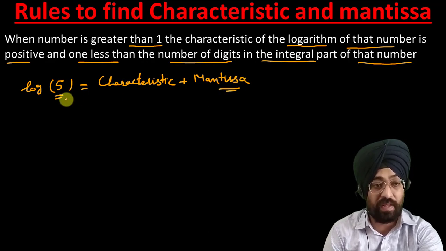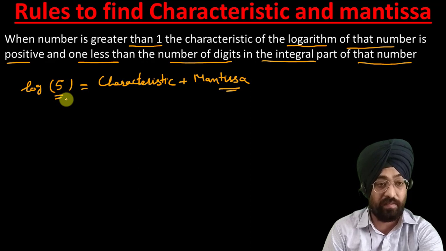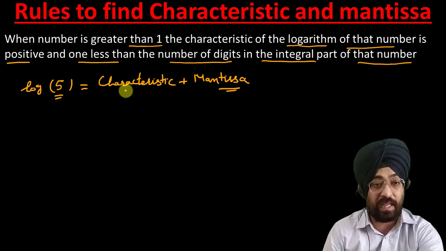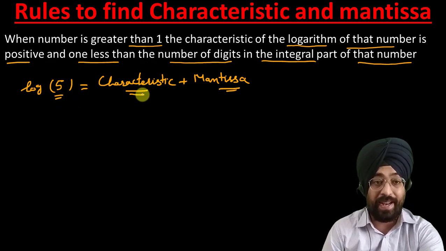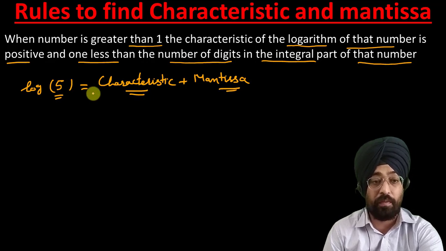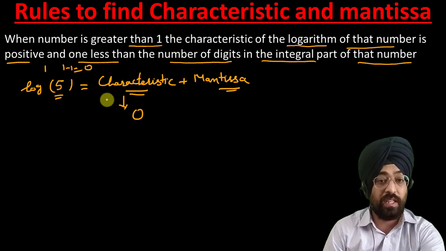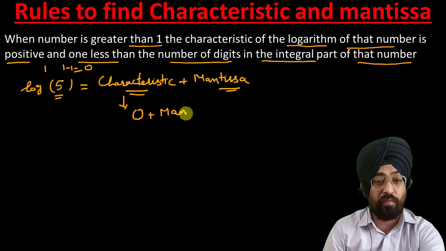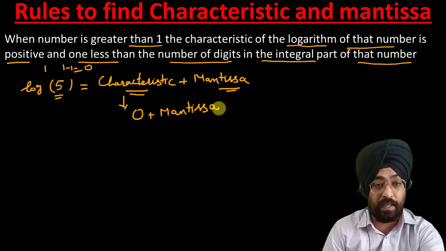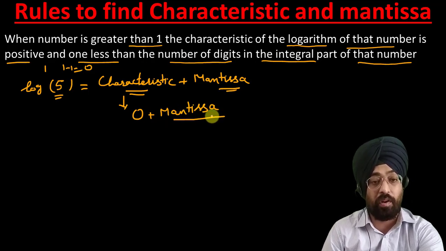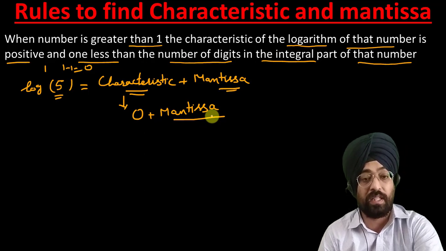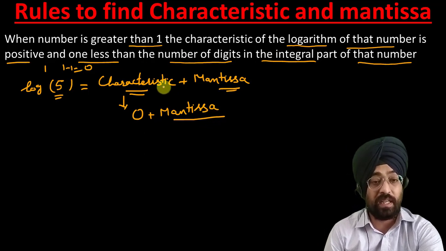This rule says that if the number whose log we have to find is greater than 1, and 5 is greater than 1, then its characteristic will be positive, and it will be 1 less than the number of digits. The number of digits in 5 is 1. 1 less than 1 is 1 minus 1, which is 0. So its characteristic is 0, and its log will be 0 plus mantissa. How to find the mantissa, we will discuss later. It is generally found with the help of a log table, and I will also teach you how to read that table. So first let us concentrate on characteristics.